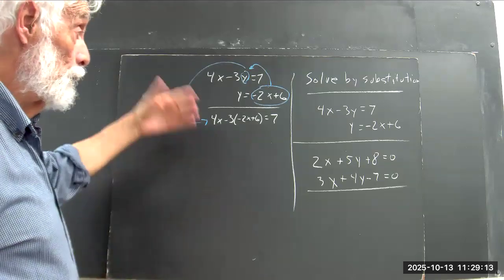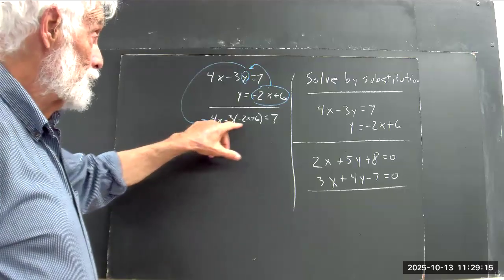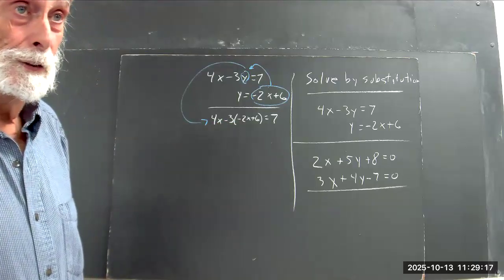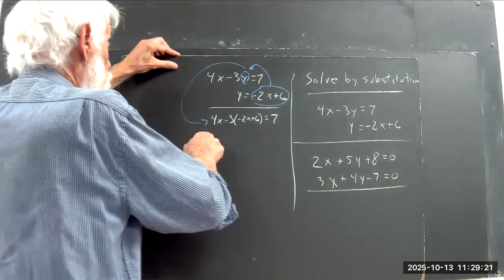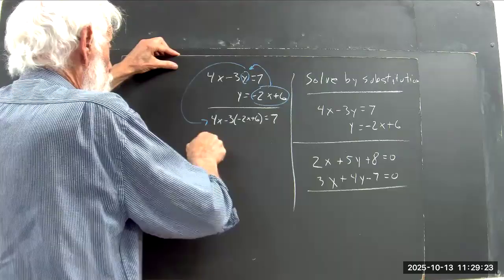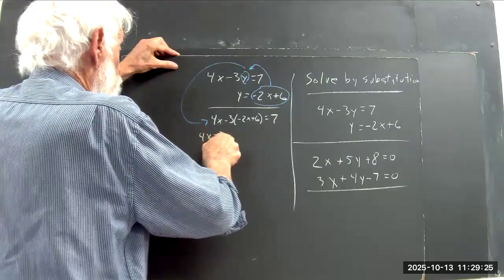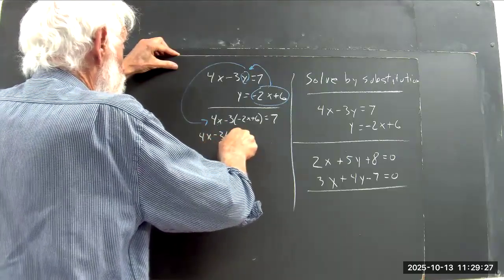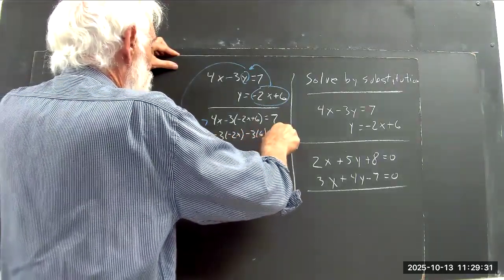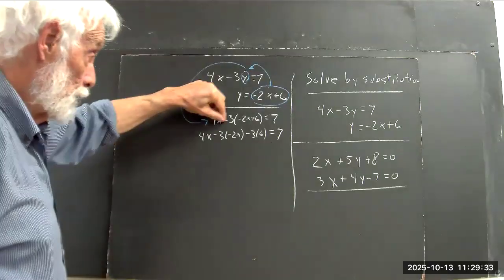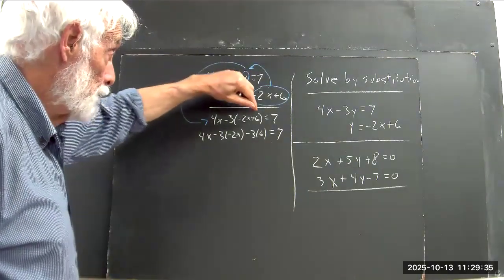I don't recommend that you just write down 6x minus 18, which is what it is. If you've ever made a mistake doing this, you want to write out the full distributive law. That means 4x minus 3 times negative 2x minus 3 times 6. Okay, minus 3 times this and minus 3 times this.